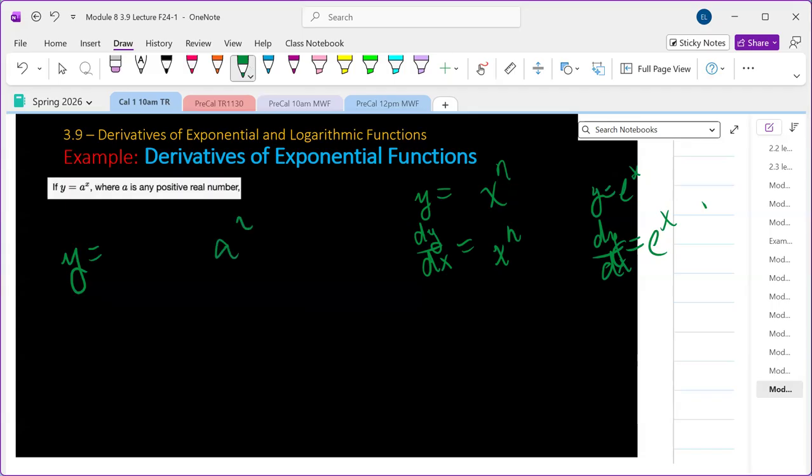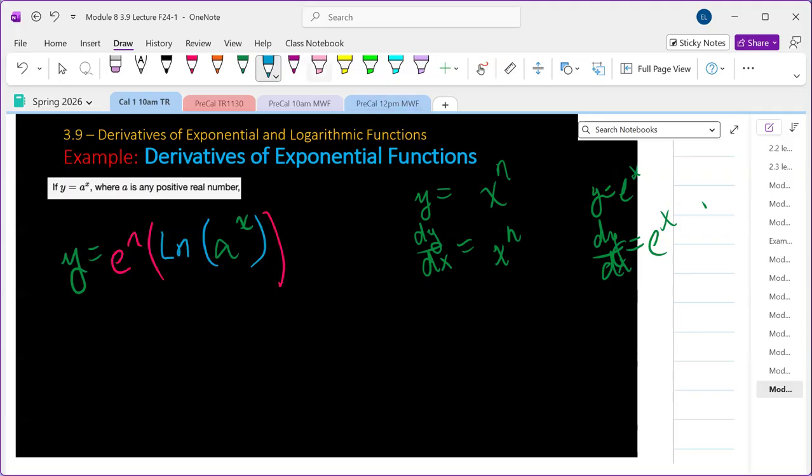So I have my y equals a to the x. So I put e to the something and I put natural log of something nested together. So algebraically, this is the same as our original function. Looks ridiculous, but it is the same.